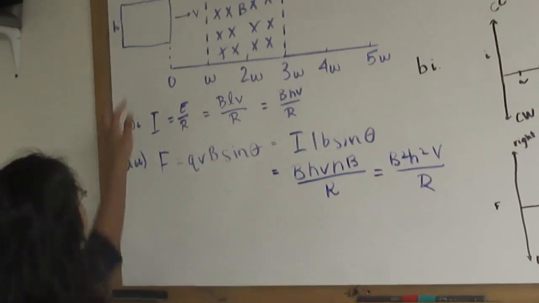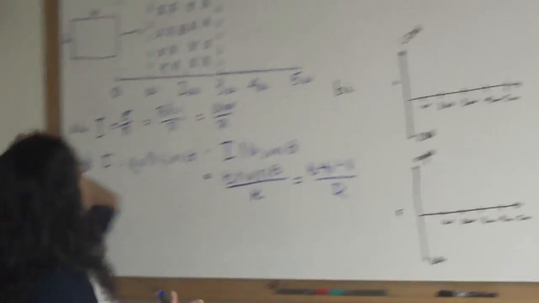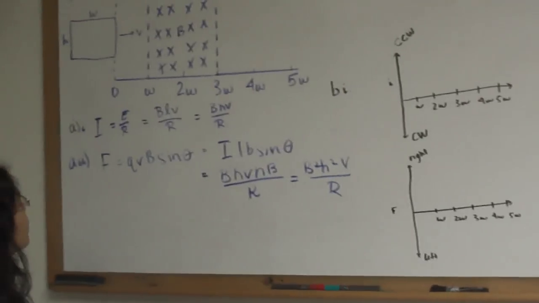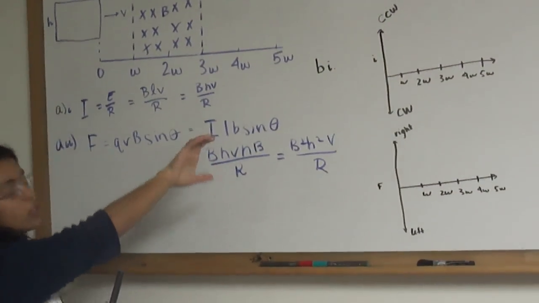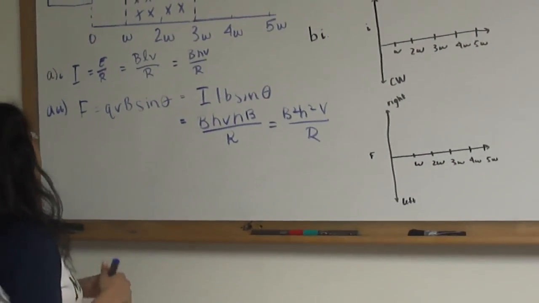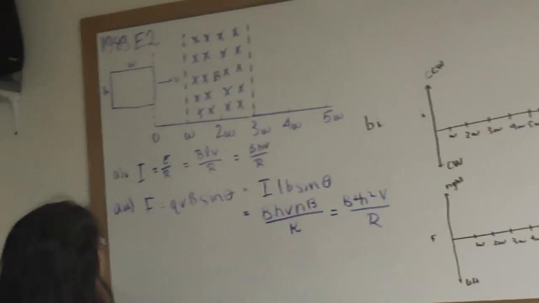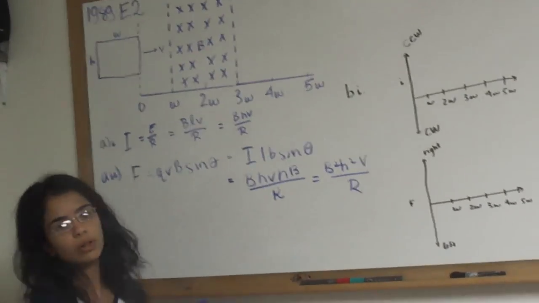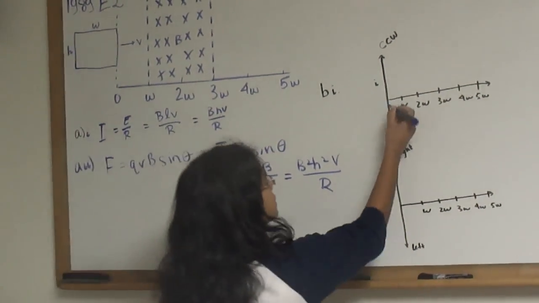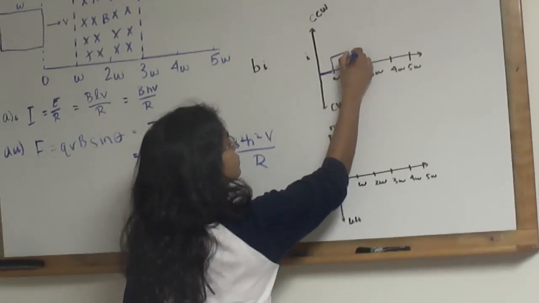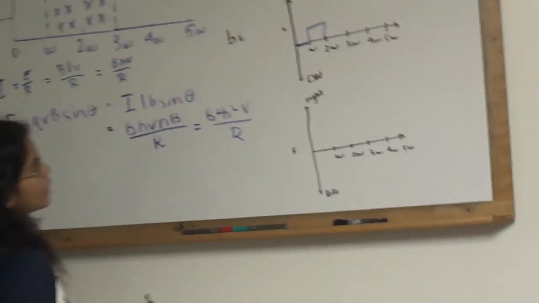So as this loop goes in, it's going to experience a current going in this way, the clockwise direction, and it's going to respond to restore the balance, and therefore it's going to go in a counterclockwise direction. So this is for the part between W and 2W because of the right-hand rule.